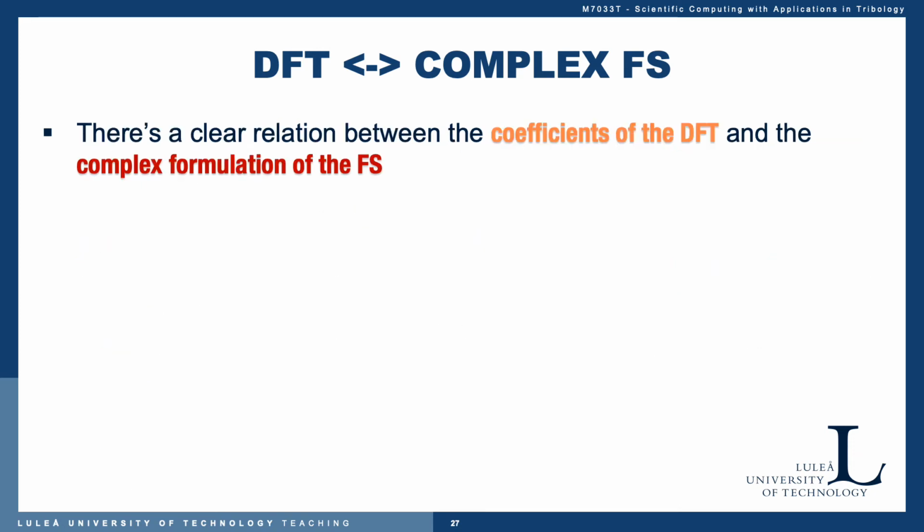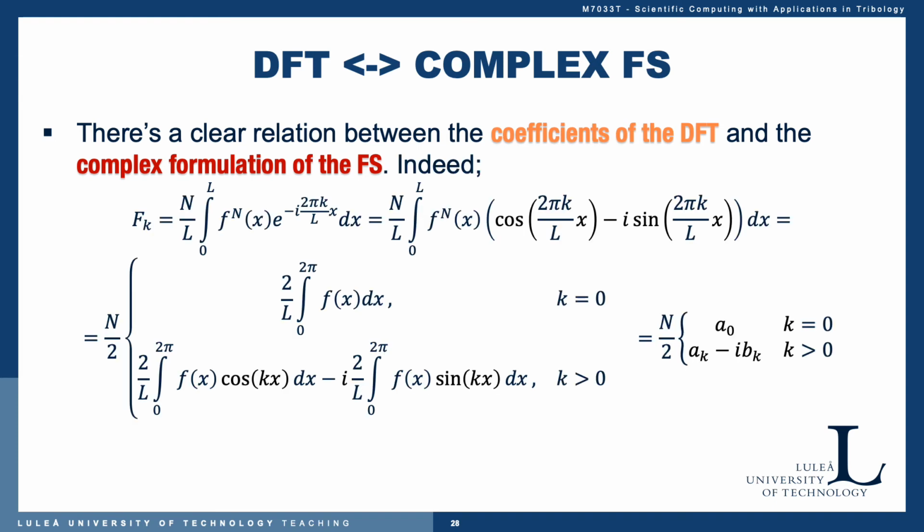Moreover, there is also a clear relation between the coefficients of the DFT and the complex formulation of the Fourier series. Indeed, the coefficients F_k of the discrete Fourier transform are given by this expression in terms of e to the power minus i 2 pi k over L x, but the Moivre formula tells us that this is just cosine minus i sine, and therefore we can just evaluate it again in this way.